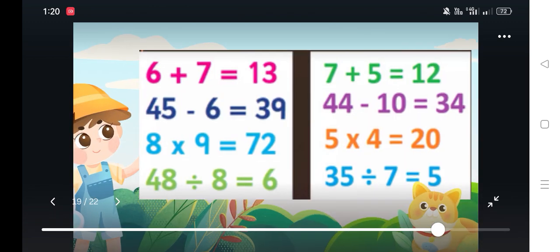For example, this one. It shows numbers and operations or operators like subtraction, addition, multiplication, and division, then the equals sign and the answer.